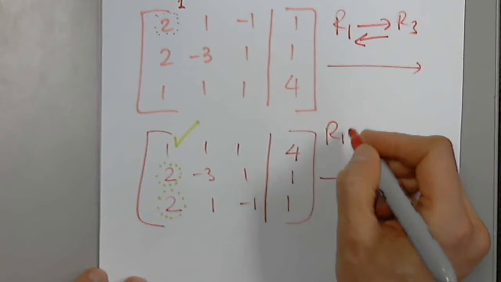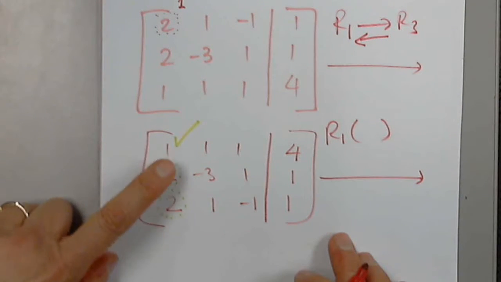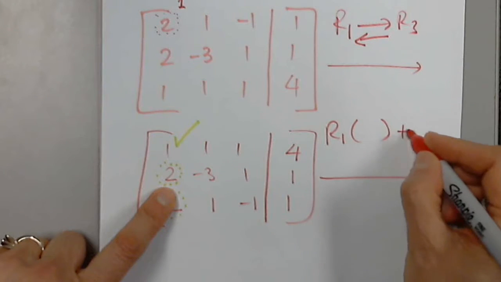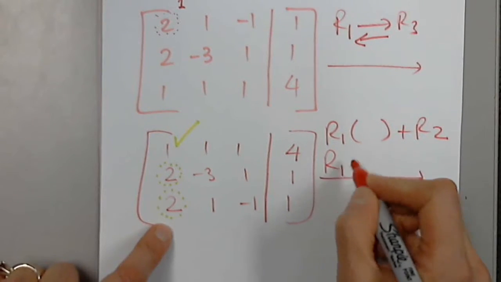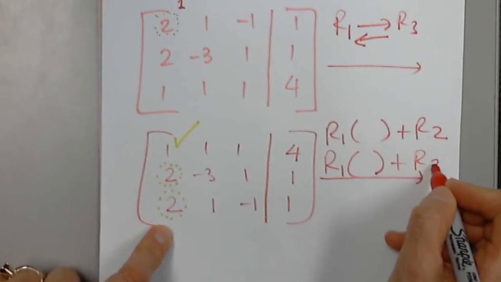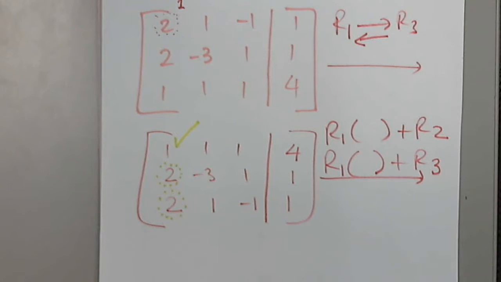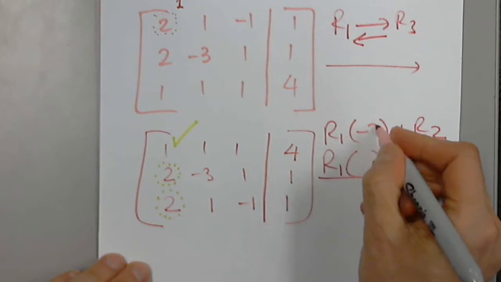So I have to use row 1 and multiply by what to get a 0 here, and add it to row 2. And then row 1 multiply by something else and add it to row 3. So what do I need here and what do I need here? Do you all agree with negative 2 in both cases?